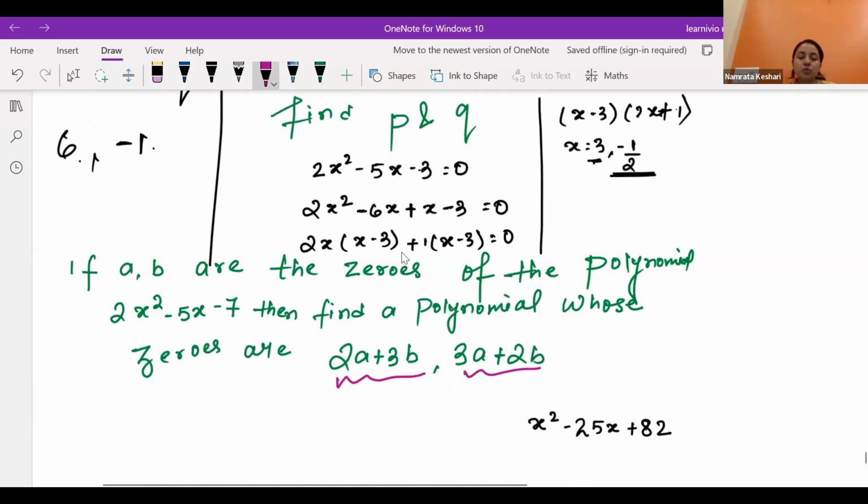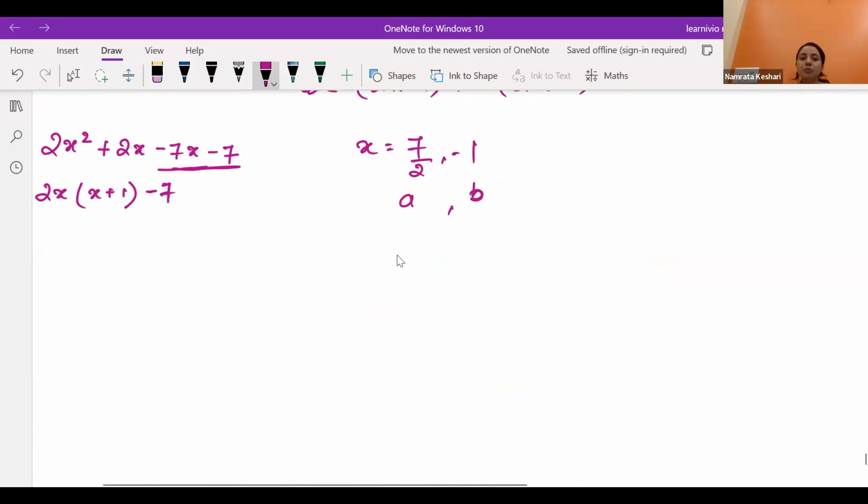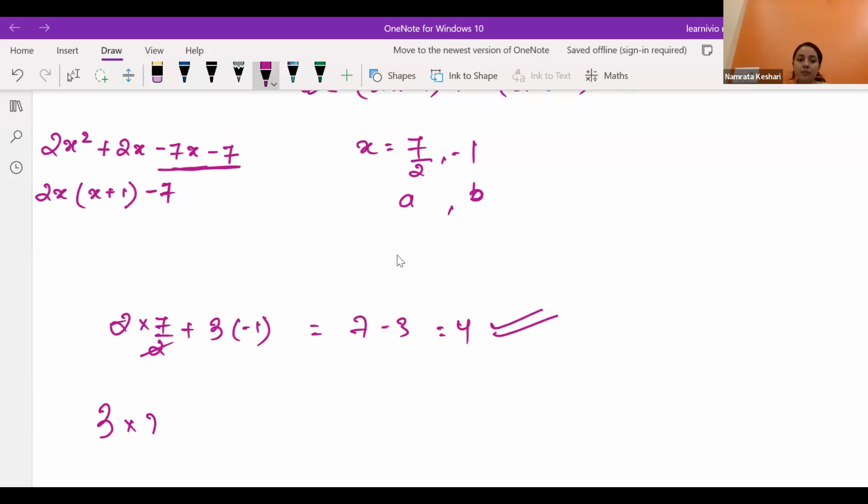Now 2a plus 3b and 3a plus 2b we will be able to find from here. 2 into a plus 3 into b, so it will be 7 minus 3, that is 4. One of the zeros is this one. And 3a plus 2b, 3 into a plus 2 into b.